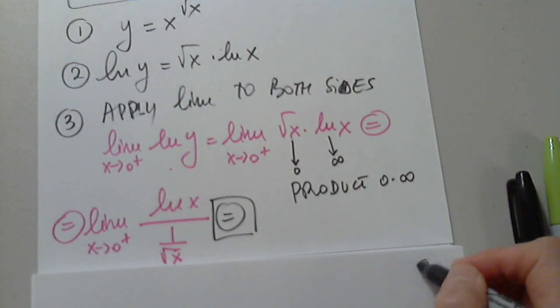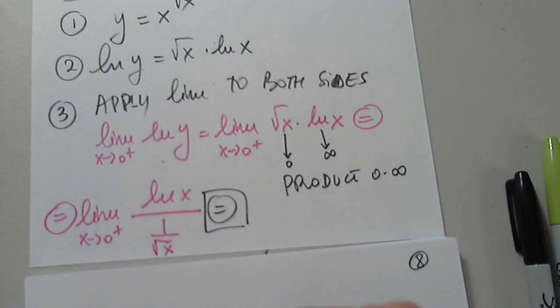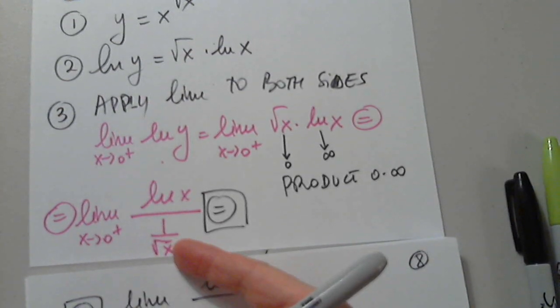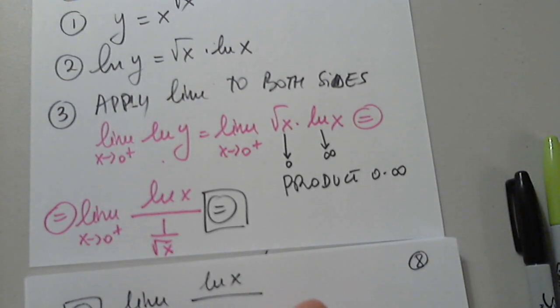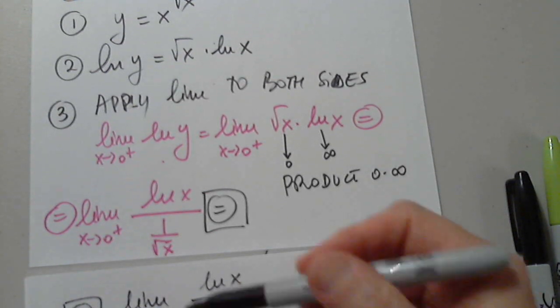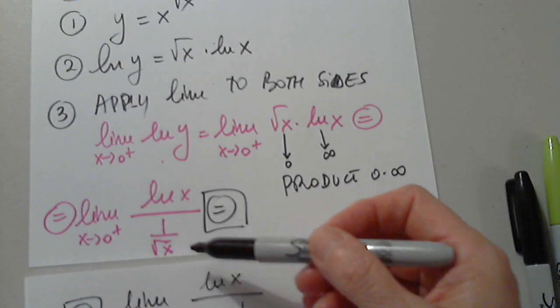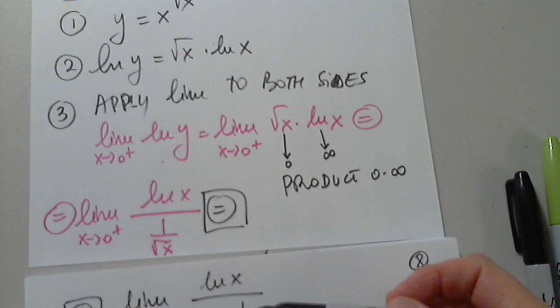Yes, these are cumbersome. These are not easy situations. So then I have limit as x approaches 0 from the right from natural log over, and the denominator is x to negative 1/2. 1 over the square root of x, x to 1/2, change into x to negative 1/2.